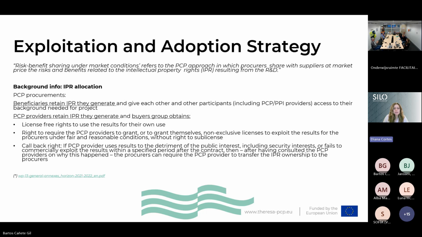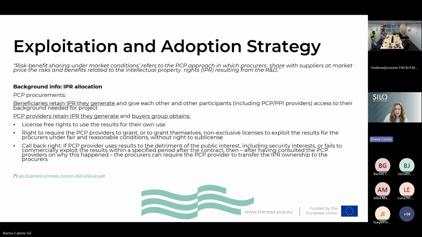The PCP model is built around a key principle, which is risk and benefit sharing under market conditions. This means that both public procurers and suppliers share the risk and benefits related to research and development activities, especially when it comes to intellectual property rights. In practical terms, this approach provides both protection and incentives for suppliers.